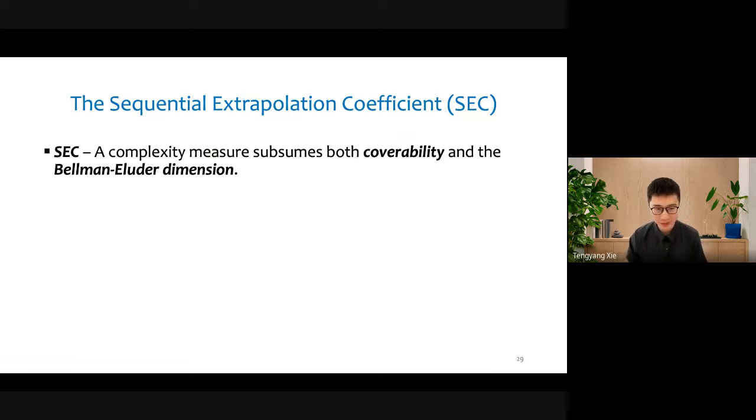So after we talk about those orthogonal and insufficient stuff, at last I will introduce another complexity measure called the sequential extrapolation coefficient, or in short SEC, which could subsume both coverability and Bellman-Eluder dimension.